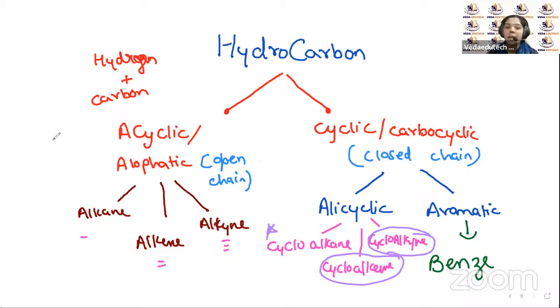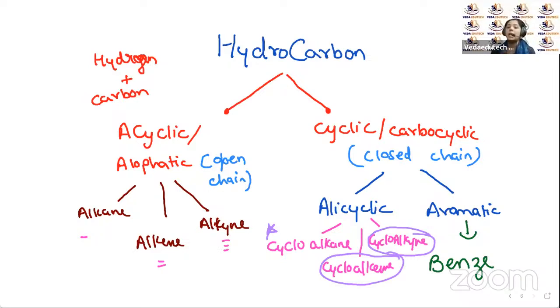See, open chain. If I'm going to form a cycle, will I get an open chain? No. So we already discussed about acyclic open chain, so I'm not discussing it again.